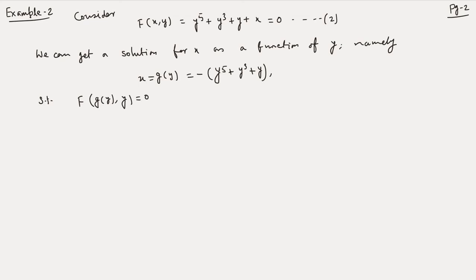So for every y we have g of y such that f of g of y comma y is equal to 0.